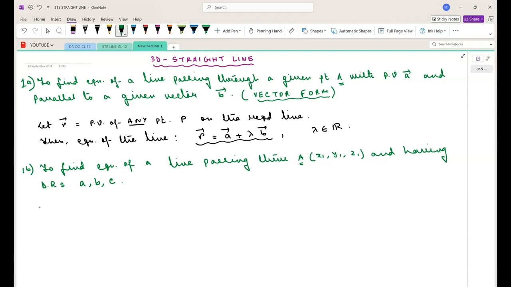So in that case, let P with coordinates x, y, z be any point on the line.